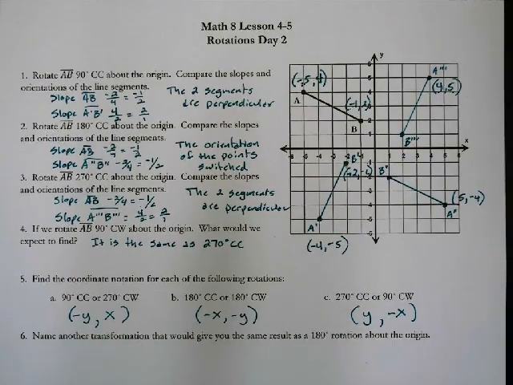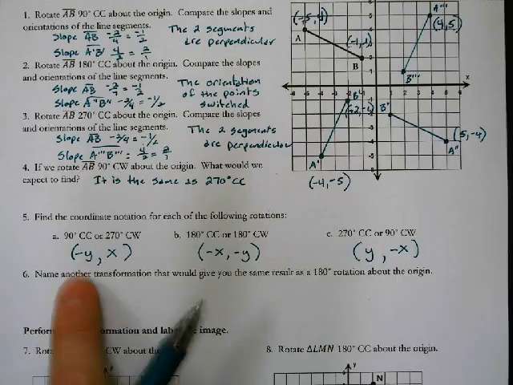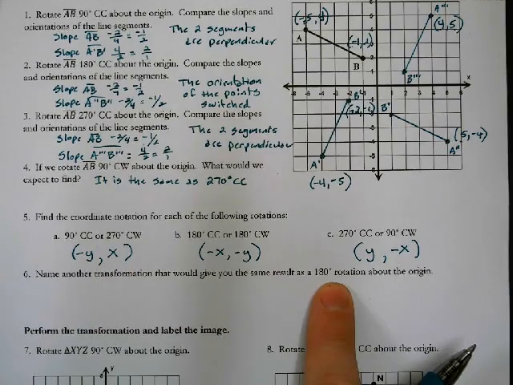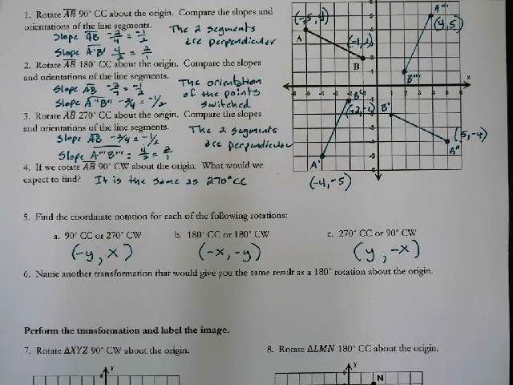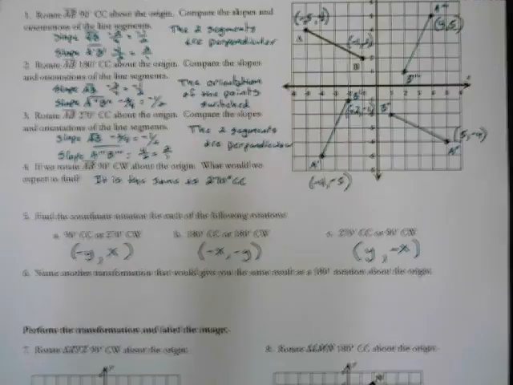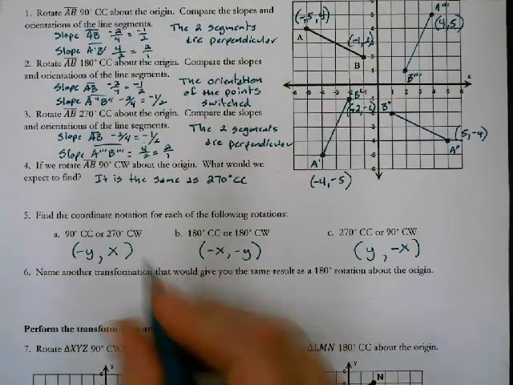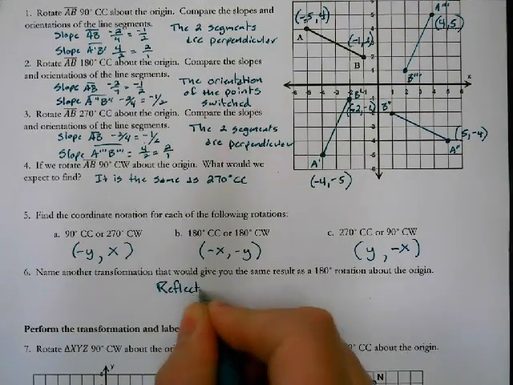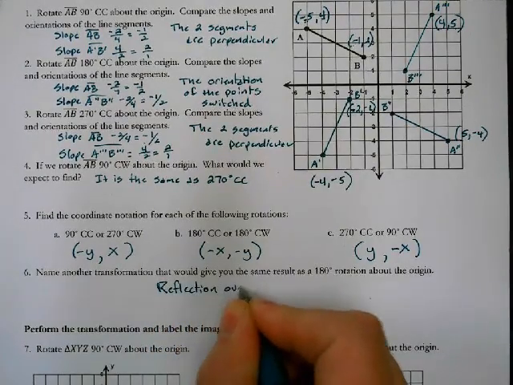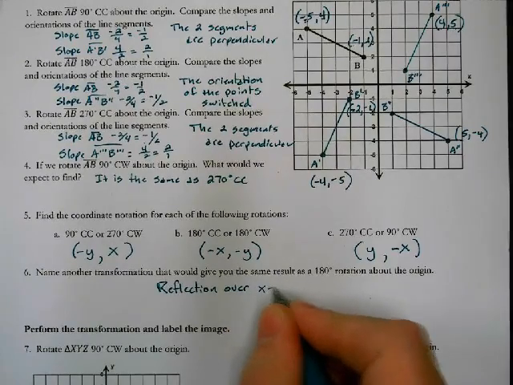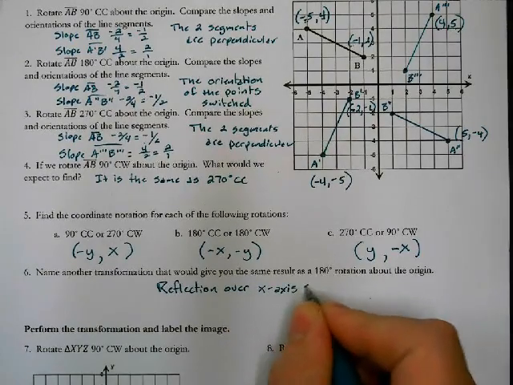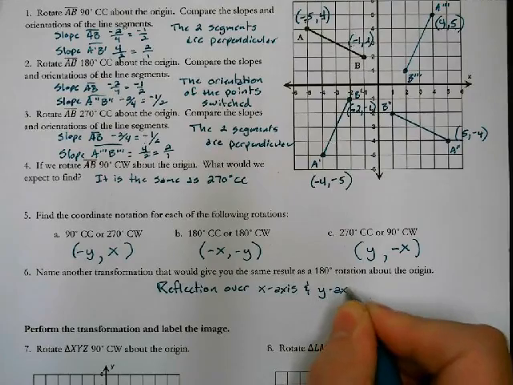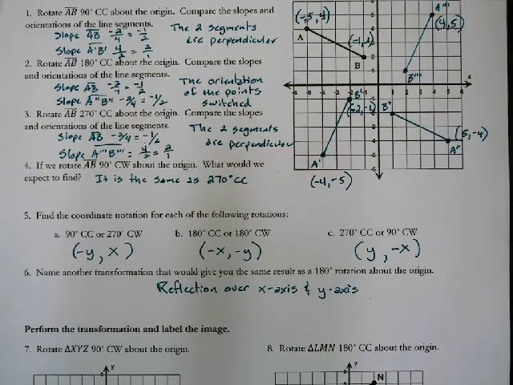Name another transformation that would give you the same result as a 180-degree rotation. This would be a double reflection. So this would be a reflection over the x-axis and y-axis. Let's show that. Let's say that I reflect over the x-axis.